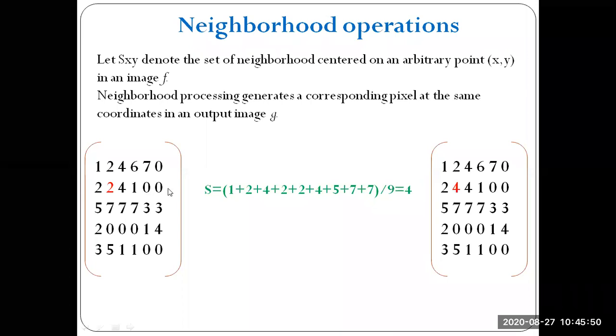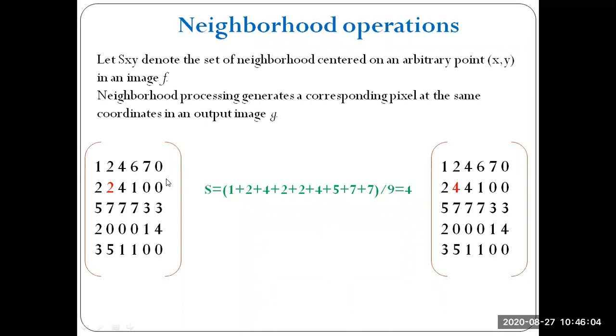Here these are all pixel values, with 5 rows and 6 columns. So this is a 5 by 6 image, and each position has a different pixel value.